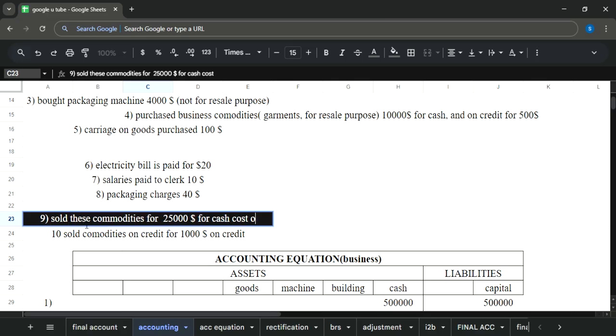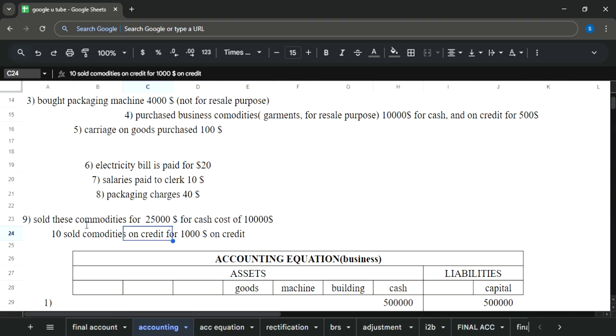Cost of, okay, we can directly write cost is 10,000. Okay, we can write the same thing, and beside that, let it be on left side.